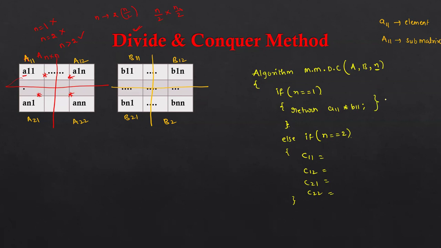How much time is it taking? 1 unit of time. How much time is it taking? 8 units of time. Okay. Either this one or this one, so I am going to represent this one as constant time. Next, if both conditions are false, I will go for another alternative.